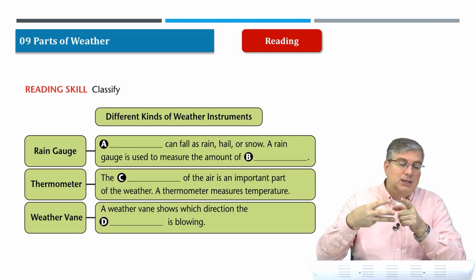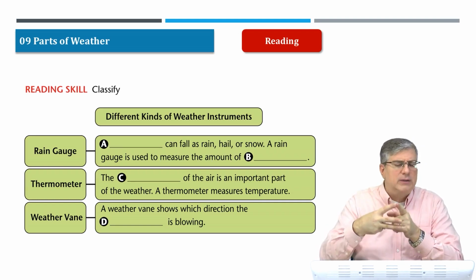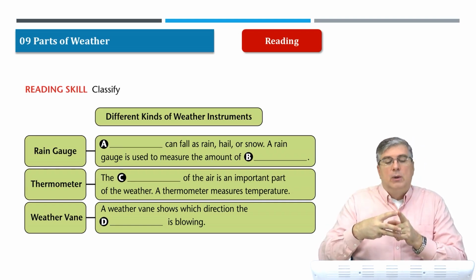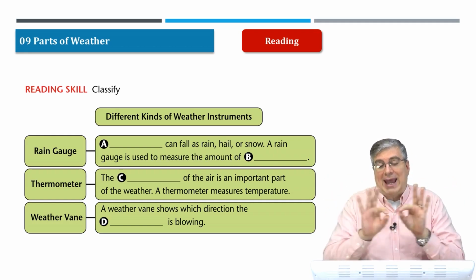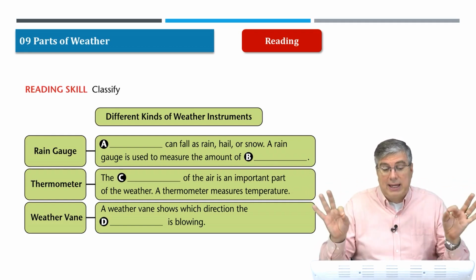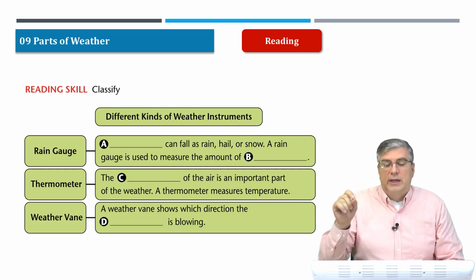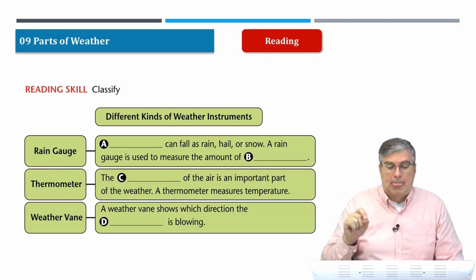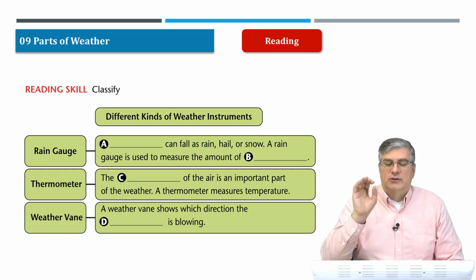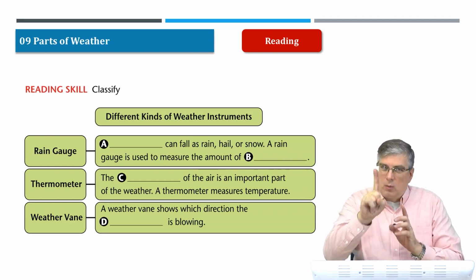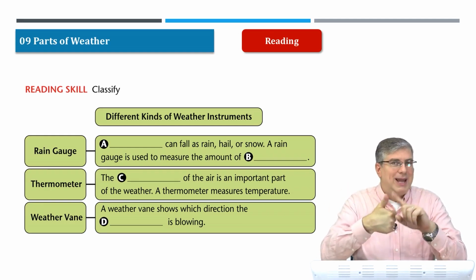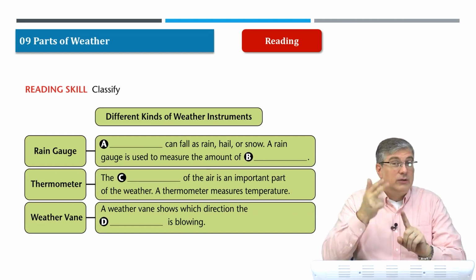So the first instrument is a rain gauge, and we talked about rain gauges, right? So what does a rain gauge do? Well, first we have a blank. A blank can fall as rain, hail, or snow. So what can fall as rain, hail, or snow? What one word do we use to describe rain, hail, and snow? Do you remember that word?